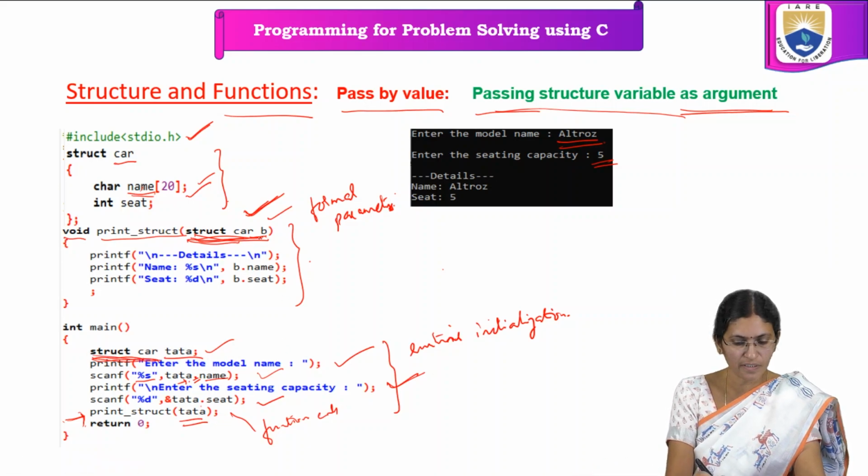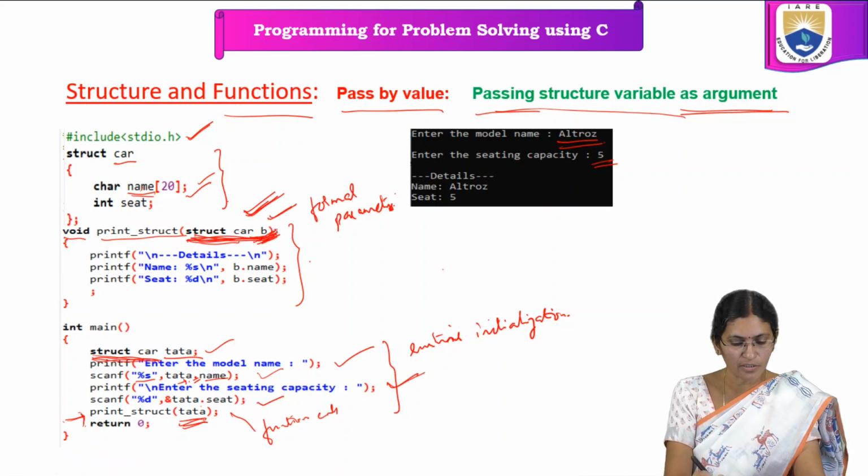In order to receive this variable in the function definition, we need to specify a receiving variable. Actually what we are doing here is passing a copy of this to the variable b. So b also belongs to the same data type, struct car.